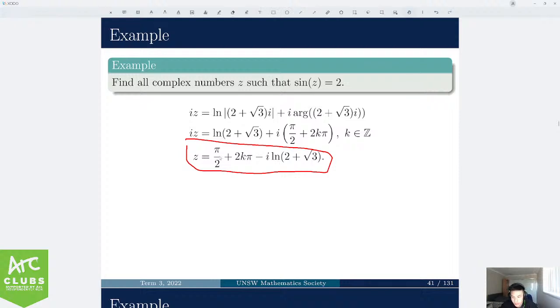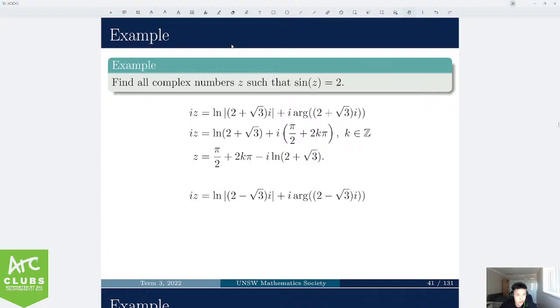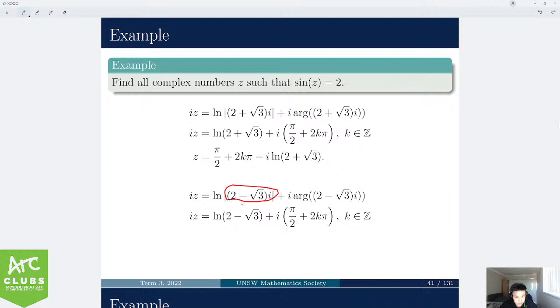And if we look at the second branch, so instead we had the negative inside. Again, the modulus of this whole complex number turns into 2 minus root 3. And if we have a look at the argument of 2 minus root 3i, 2 minus root 3 is still going to be a positive number.